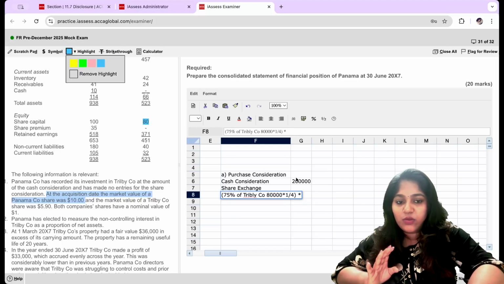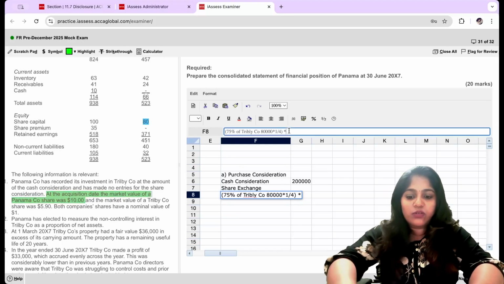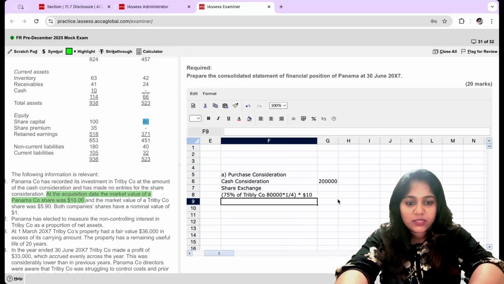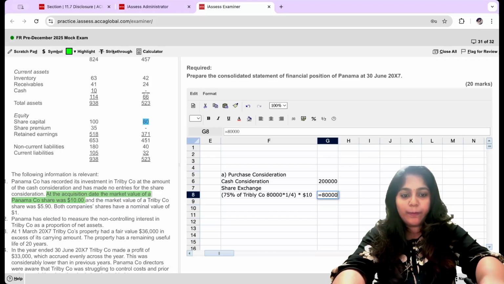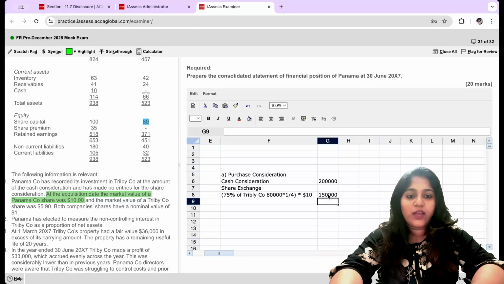You have to highlight this, and we will use it for the calculation. I am acquiring 80,000 shares at 75%, providing 1 by 4, and every share value is $10, so the share exchange is $150,000.